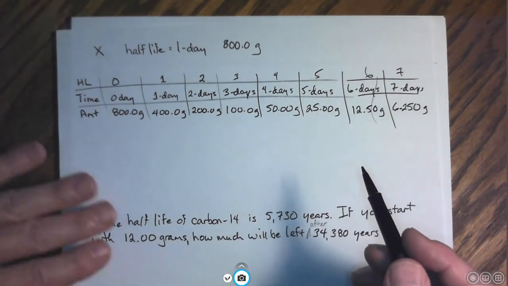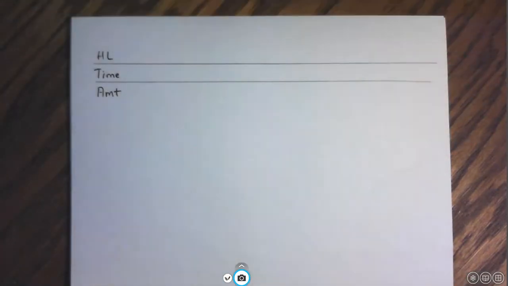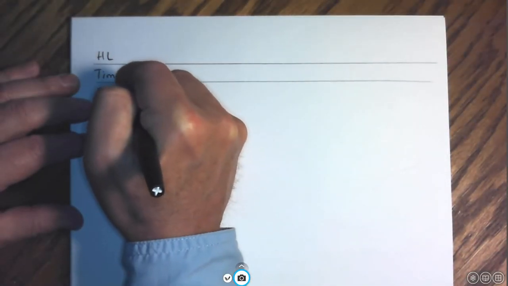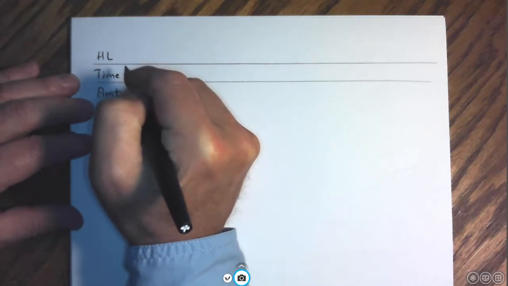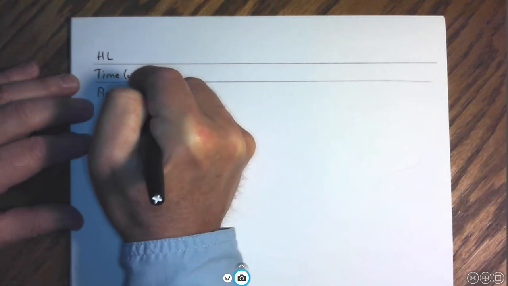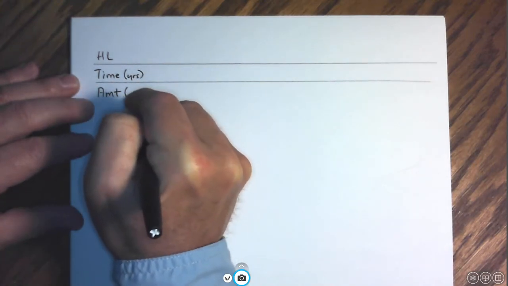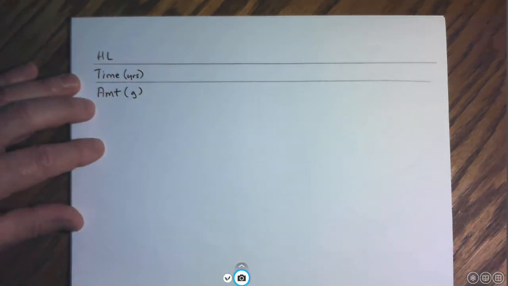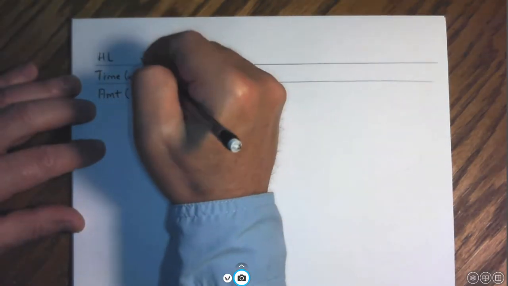If it was an actual table, you want your units of measurement in a column label, or you could put in a row label. I'm going to put my units of measurement over here in a row label, and the amount is in grams. Okay, so I could just put numbers in the chart.